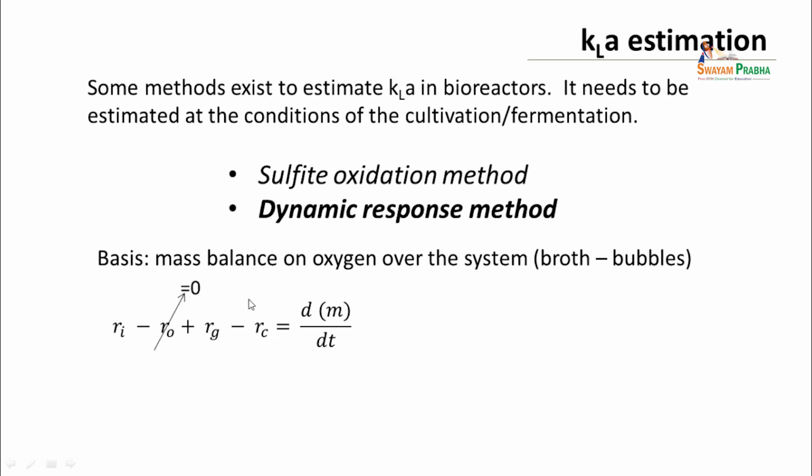Output rate was 0 because of our conveniently chosen system. The generation rate is 0, there is no reaction generating oxygen in this case. The input rate we just saw was KLa (CO2 star minus CO2) times V. And if cells are present, then the consumption rate can be given as QO2 times the cell concentration times the volume, equals the accumulation rate.